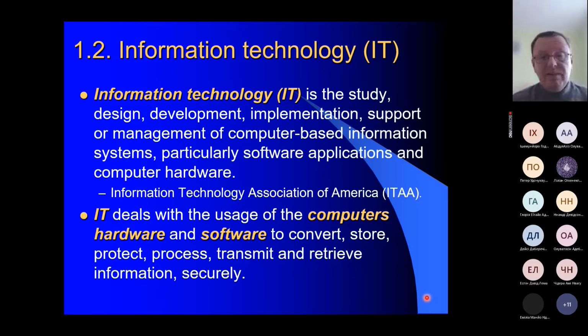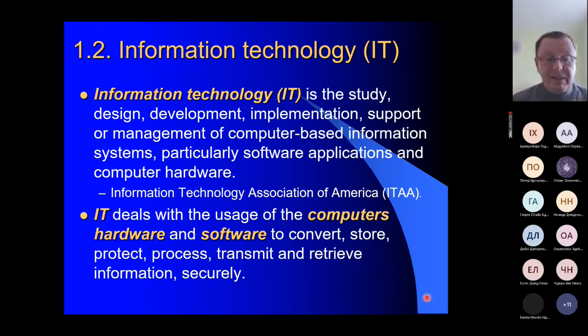As for the scientific area, information technology is a scientific area for the study, design, development, implementation, support, and management of computer-based information systems, particularly software applications and computer hardware.